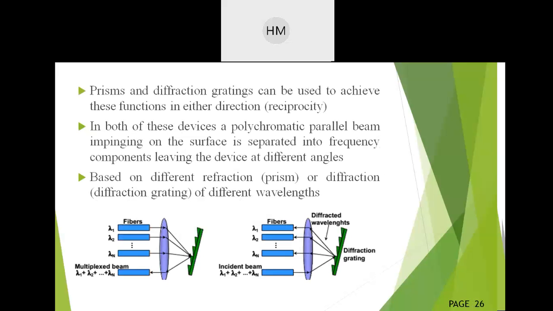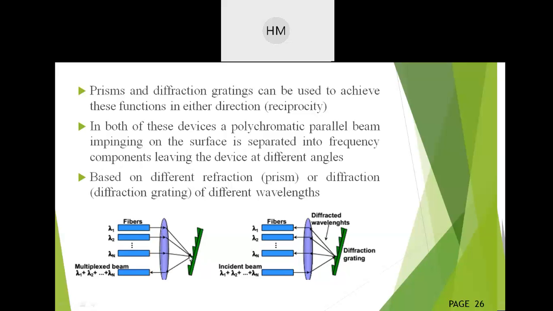And how we can separate, you would have studied this earlier perhaps in 12th, by using prisms we can separate the frequencies, light energies. Prisms and diffraction gratings can be used to achieve these functions in either direction. In both of these devices, a polychromatic parallel beam impinging on the surface is separated into frequency components, leaving the device at different angles. You can see all different fibers are radiating light energy. A prism is placed, all this will be combined at a single angle and a single beam will be generated.